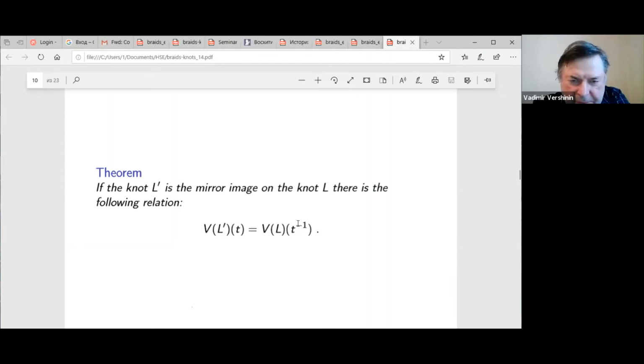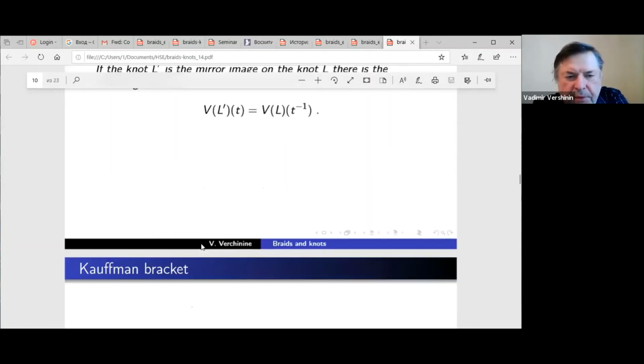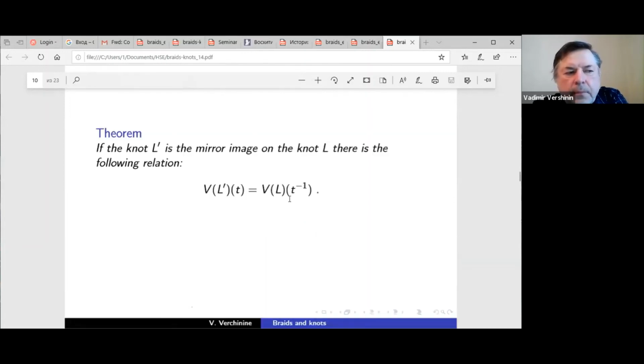So you have a substitution like this, and this gives a good possibility to calculate the Jones polynomial for the mirror image.